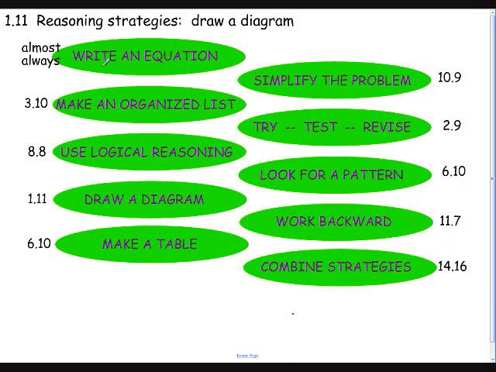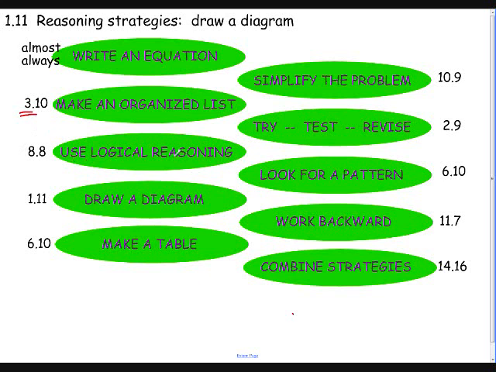Reasoning strategies, a whole list of things you can use when you're trying to solve a problem. Because we're studying algebra, you'll find most of the time you're going to want to write an equation. In order to figure things out, you often may want to make an organized list. You're going to come across this in chapter 3.